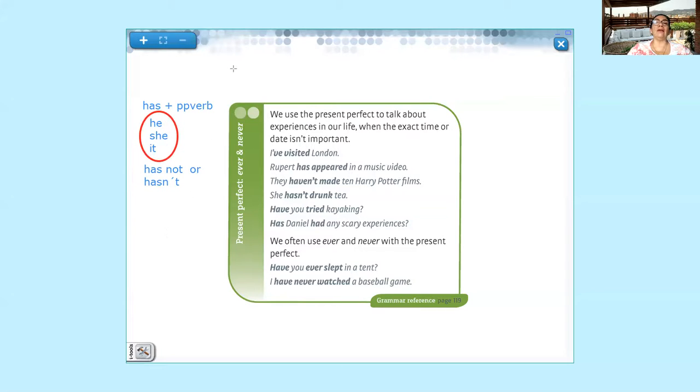When you're talking about we or they, in this case, you are going to use only the expression have. Or if you're using have not or haven't, that is the expression that you probably use in this form, okay? That is the present perfect tense.